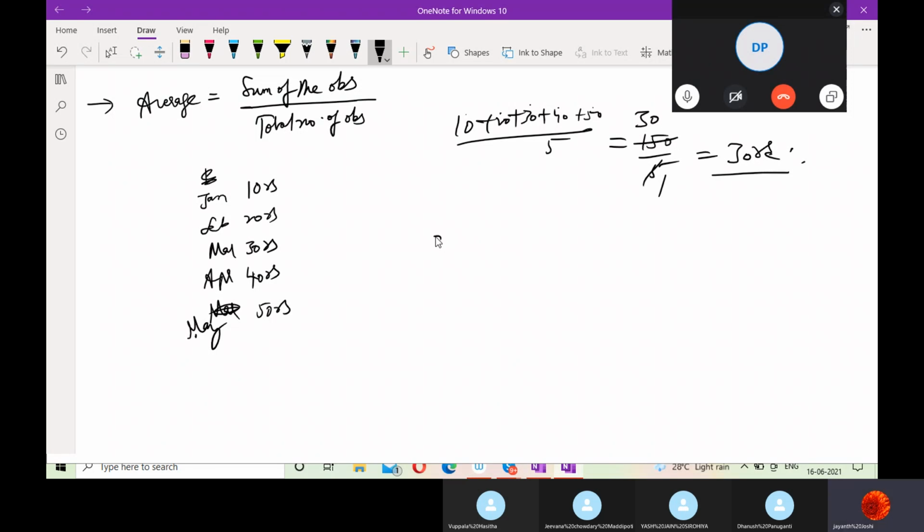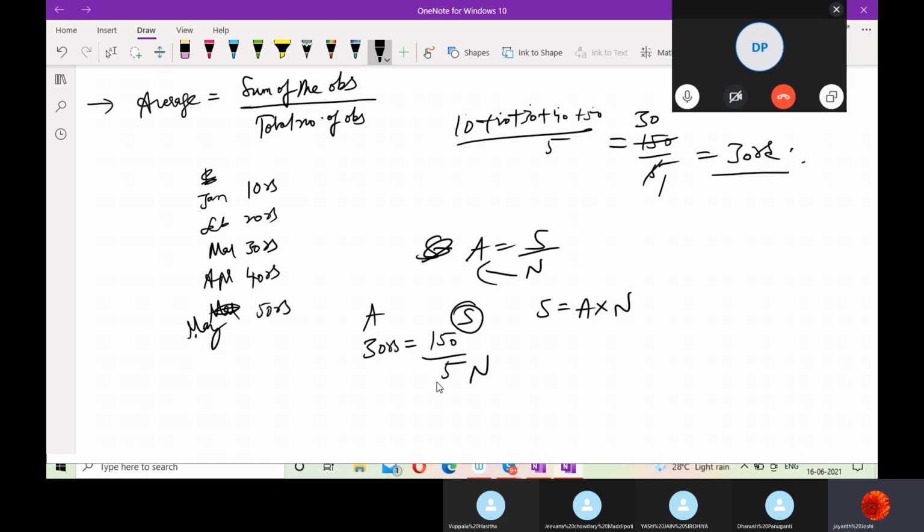Now I was saying average is equal to sum by number of observations, so sum is equal to average into number of observations. So 30 rupees is equal to 150 by 5. This is average, sum by number. If I want the sum, if I cross multiply n there, 30 into 5 is equal to 150. Okay, that point is proved.